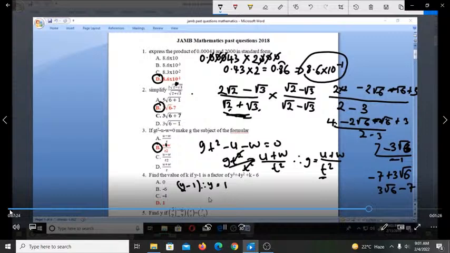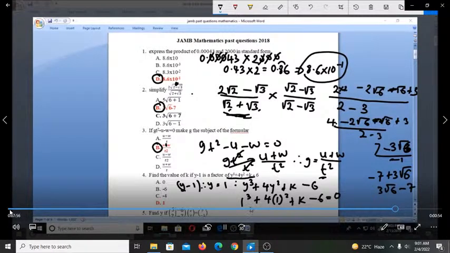So if you're putting the factors, anywhere you see y, you put 1. So you're going to have 1 to power 3 plus 4 bracket 1 squared plus k, which you don't know, minus 6 equal to 0. So that's how you do it.